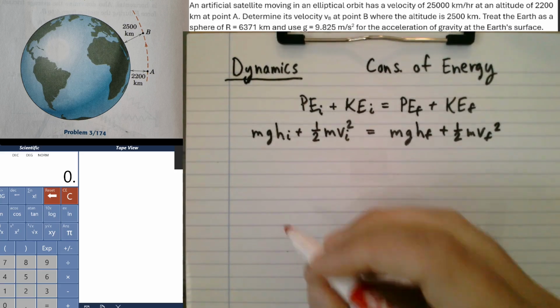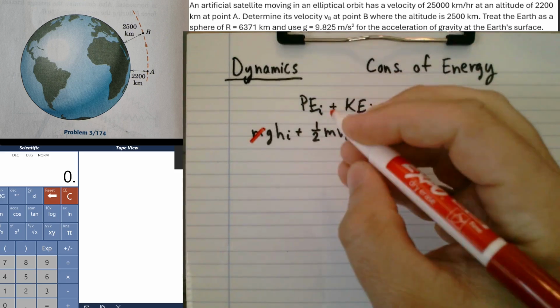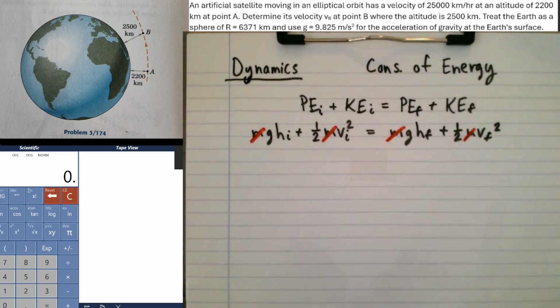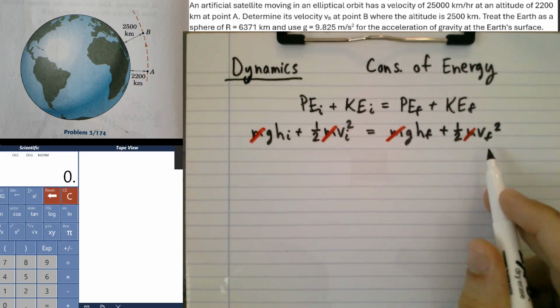Now we have mass common to all terms, so we can divide each term by m, and that will cancel everywhere here. And now we have our equation all filled out. We now just need to substitute in the values and solve for our final velocity, vf squared.